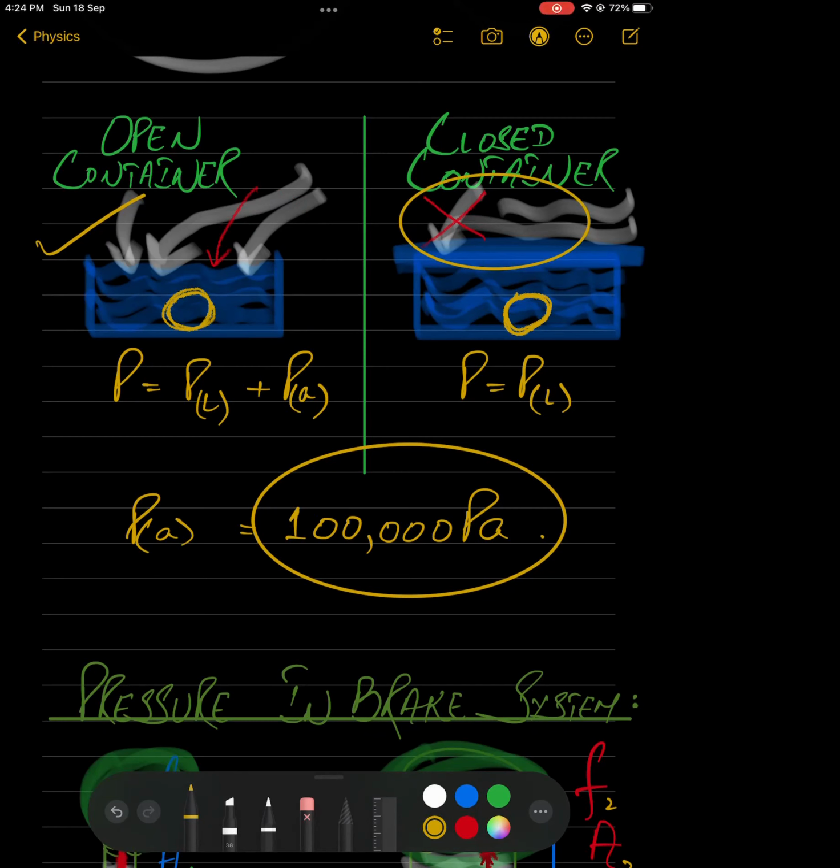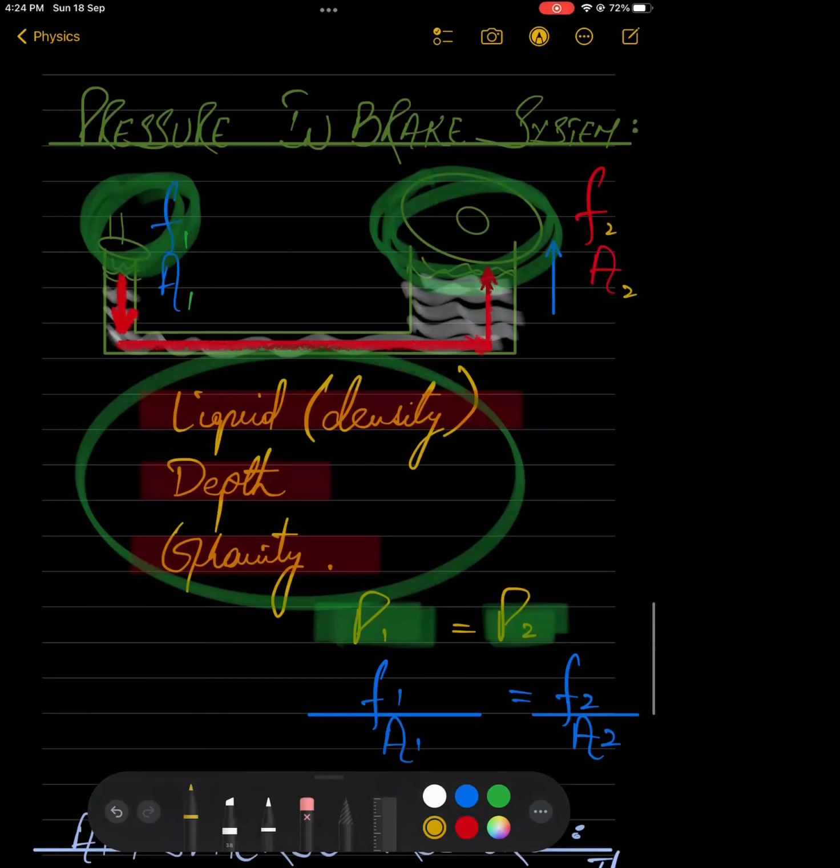So the only pressure is going to be the pressure of liquid. While in the open container, it is going to be the pressure of liquid as well as the pressure of air.